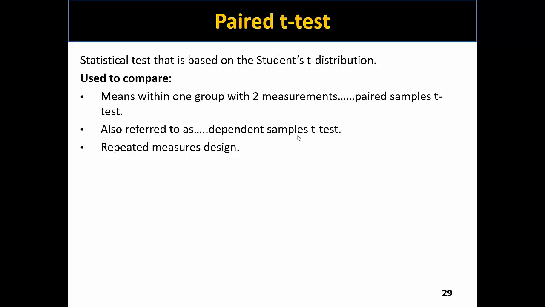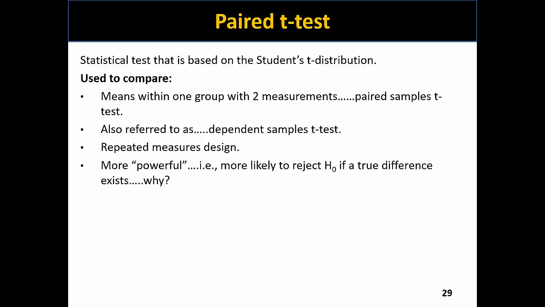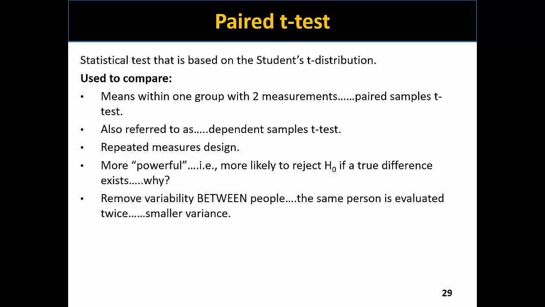And this type of design is ideal because it is considered to be more powerful. What that means in a statistical sense is that because we're comparing research participants to themselves, we're more likely to find a statistically significant difference if a true difference actually exists.